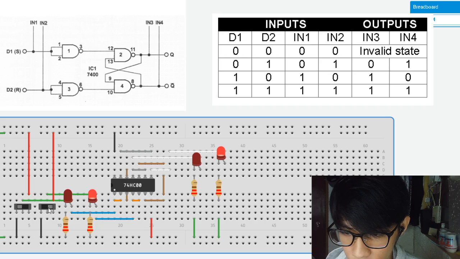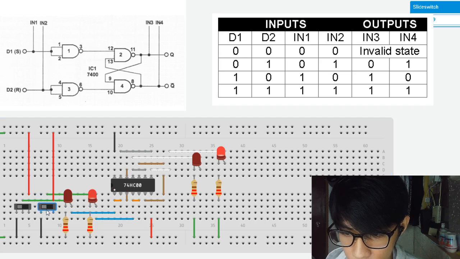Next, for the invalid state, we can say that it serves as a memory. If we get back to logic level 0, it will remain the same, because whatever the last input is, it will become the output. Let's try, for example, 0 1 and 1 0.